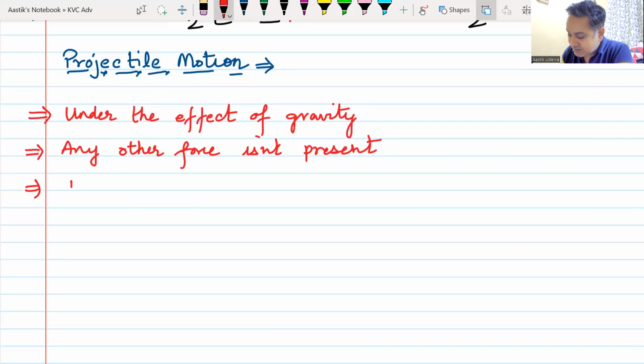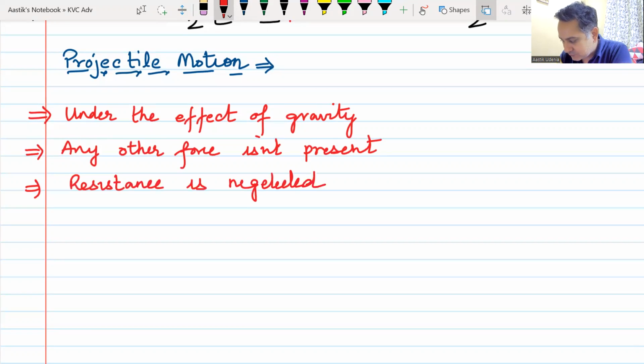All types of resistance force, any other force, is neglected, is not there. So there is no air resistance.